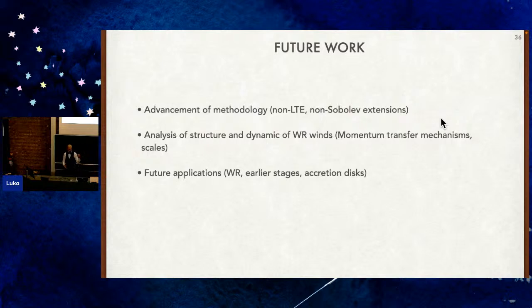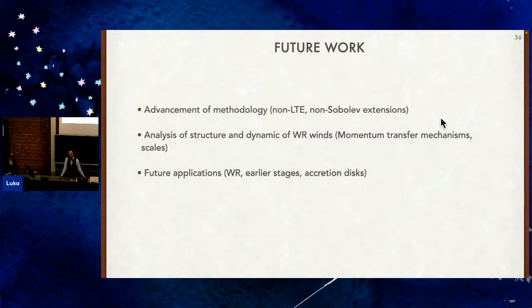Moreover, although we understand the basics of how momentum is transferred from radiation to gas, we do not understand fully how this process happens. So we might want to invest more into the theoretical study of this process.